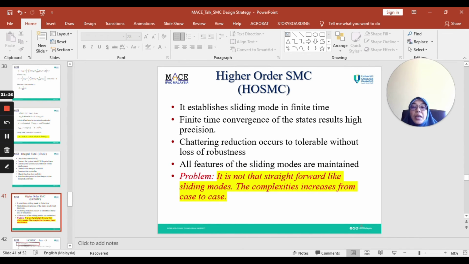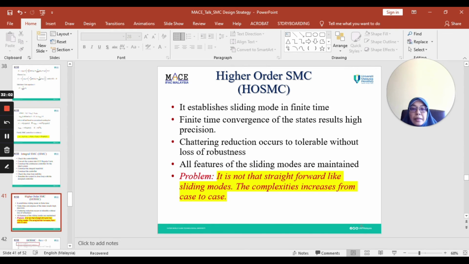The other way to reduce the chattering is using higher order sliding mode. The good thing about higher order sliding mode is that it establishes sliding mode in finite time. Not only that, finite time convergence also results in high precision, meaning the accuracy or steady state error is improved, and the chattering is reduced to a tolerable level without loss of robustness.